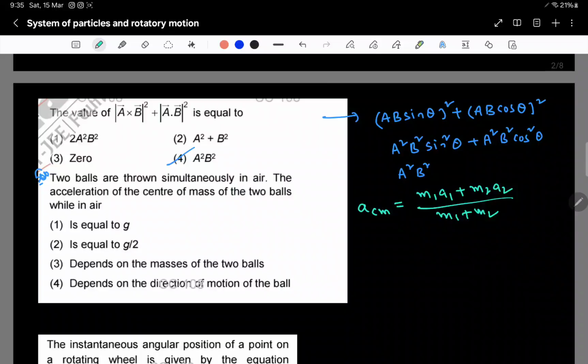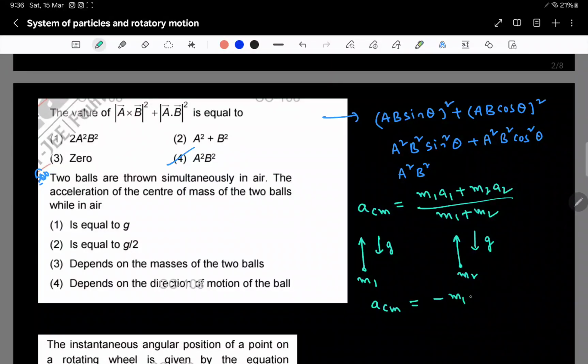For example, the m1 ball is thrown vertically upward, but acceleration due to gravity acts downward only. The m2 ball is also thrown vertically upward, but acceleration due to gravity acts vertically downwards. Just value substitution only, students. Acceleration of center of mass equals m1 a1, where a1 is minus g j cap, downward direction.